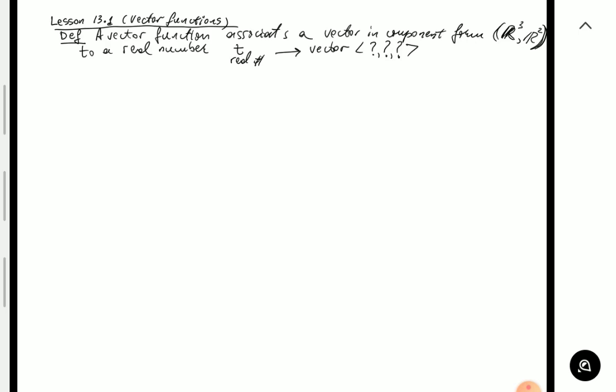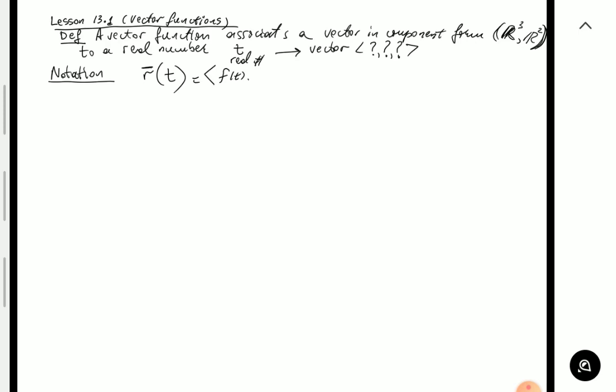So the typical notation for a vector function is going to be the way we denote a vector in component form, that is a variable with a bar on the top. But now, because this is a function, it is going to be of t, right? You're going to specify its argument t. And then the components of the vector which represents this function should depend on t as well.